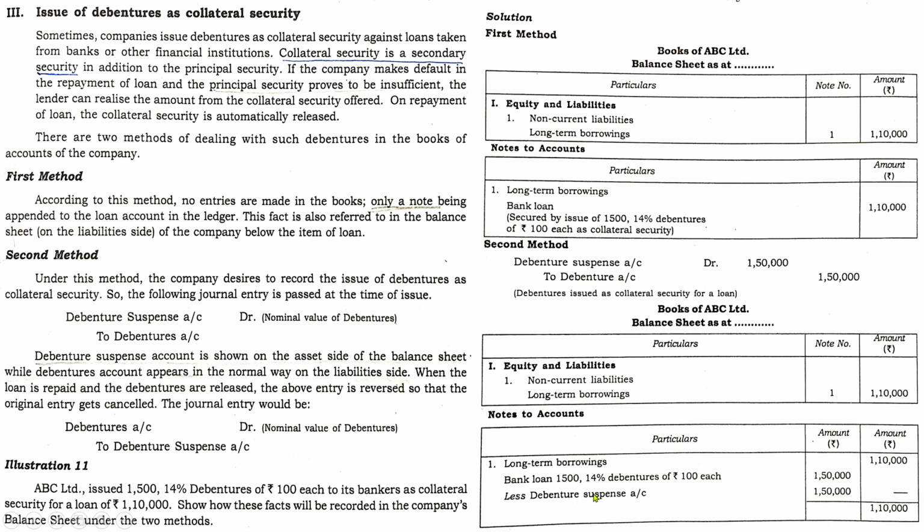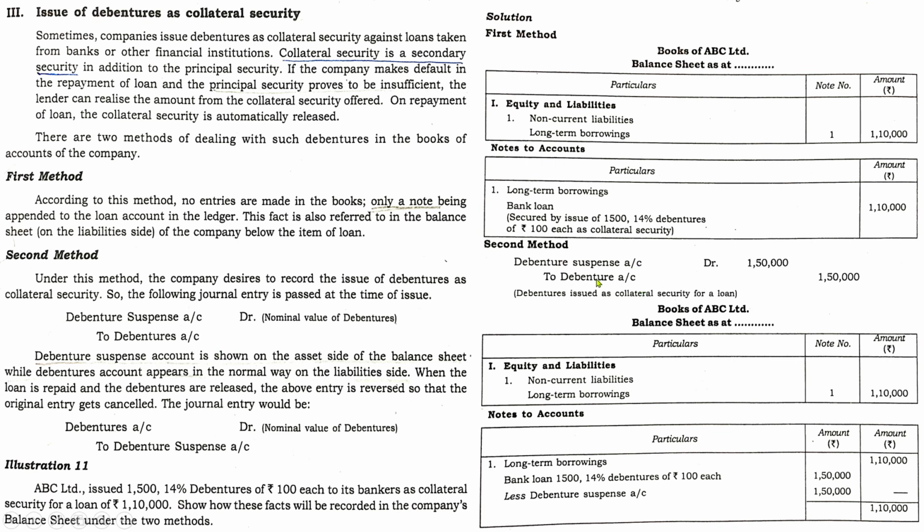So debentures are used as collateral security against the loan, that is 1,50,000 worth of debentures. At the same time, debenture suspense account is also created because we have issued debentures as collateral security. So debenture suspense, a new item, is formed and shown on the asset side.